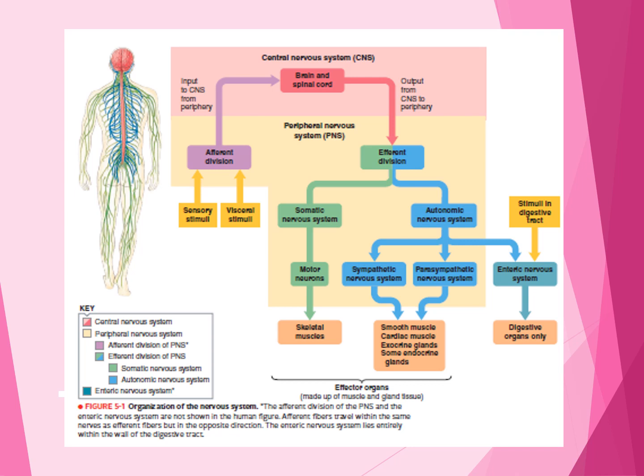Through efferent division impulses also go to autonomic nervous system, and effector organs are smooth muscle, cardiac muscle, exocrine glands and some endocrine glands. Through sympathetic nervous system, parasympathetic nervous system and autonomic nervous system, it also includes enteric nervous system. An enteric nervous system lies entirely within the wall of the digestive tract.